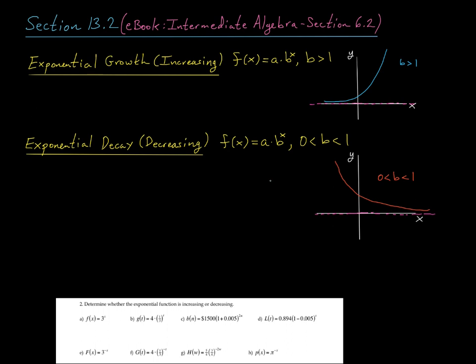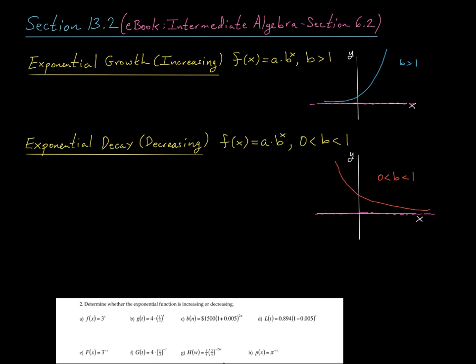If you multiply an output by 0.85, you're really taking 100% of that output and then peeling off 15% of it to get the 85%. So there you'd be applying percent decreases as you move from output to output. So we would see exponential decay in that instance. And this would be our shape, and again, this x-axis here would be a horizontal asymptote.